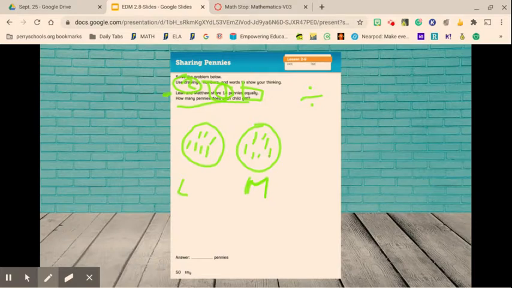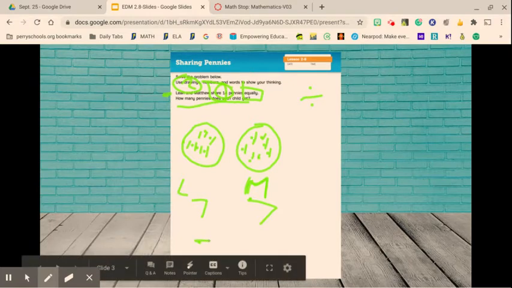I want to double check to make sure that they are equal. So I'm going to count how many Leah has. 1, 2, 3, 4, 5, 6, 7. So Leah has 7 pennies and Matthew has 1, 2, 3, 4, 5, 6, 7 as well. So they each have 7 pennies.